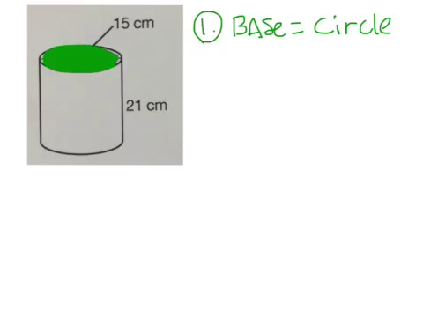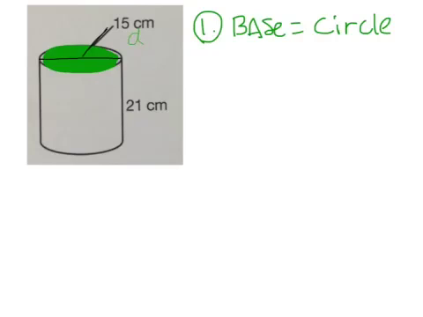That goes all the way across. The 15 was pointing down at the whole entire line that goes all the way across the shape, which is the diameter. So I'm going to label this with a D.